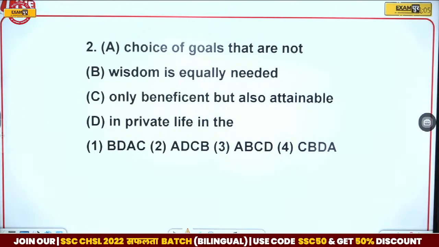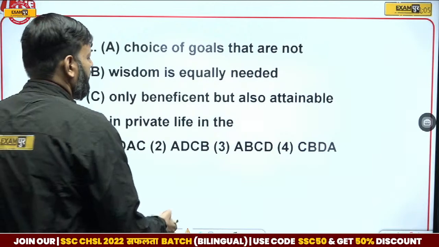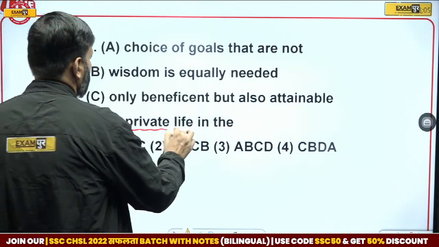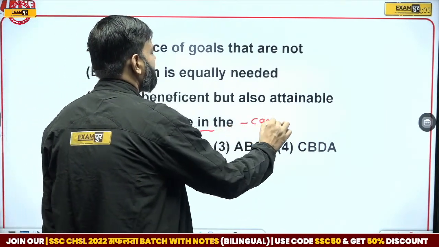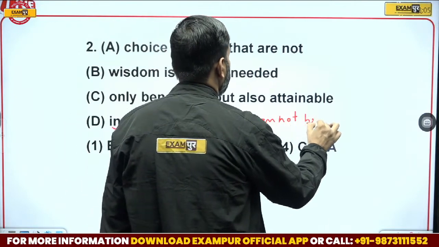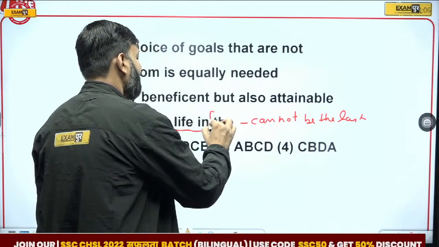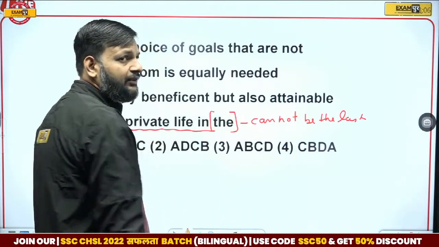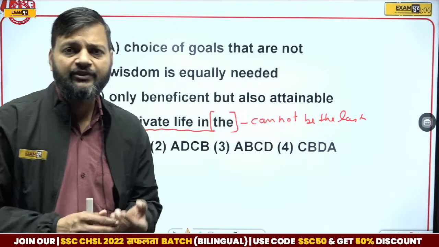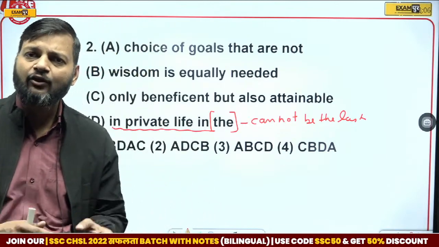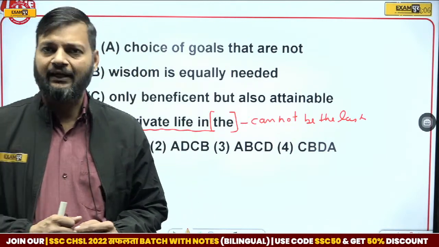See, this sentence cannot be the last one, because it ends with 'the', and 'the' is an article which is used with a noun, so it cannot be placed at the end of the paragraph, right?